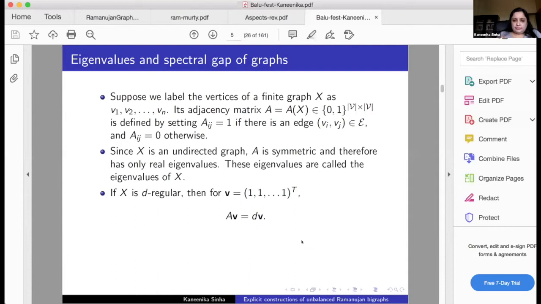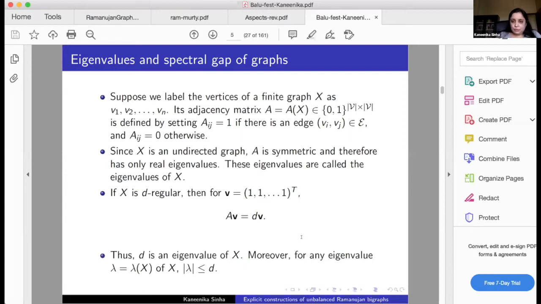Now, some eigenvalues can be deciphered immediately from the information given to us. For example, if X is a d-regular graph, then because the row sums of all the rows in A are d, one can see that d itself, which is the degree of regularity, is an eigenvalue of A, and this is usually referred to as the trivial eigenvalue.